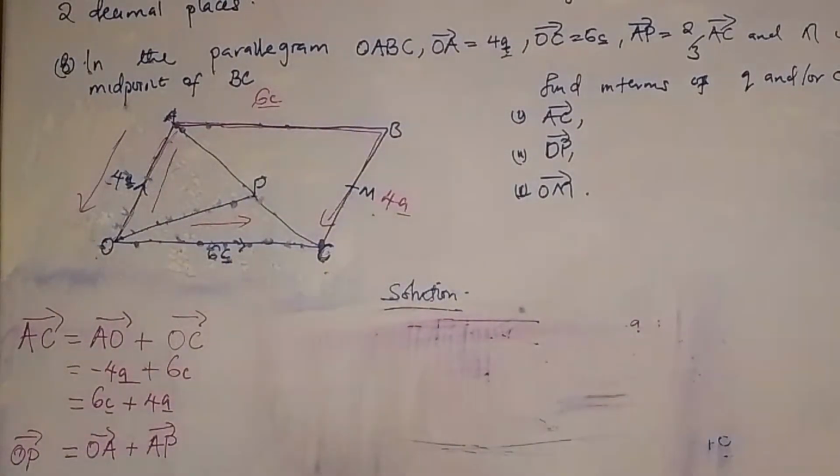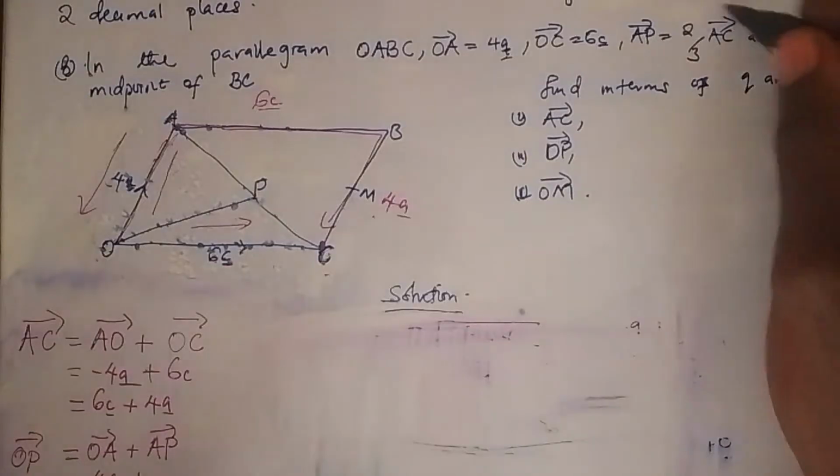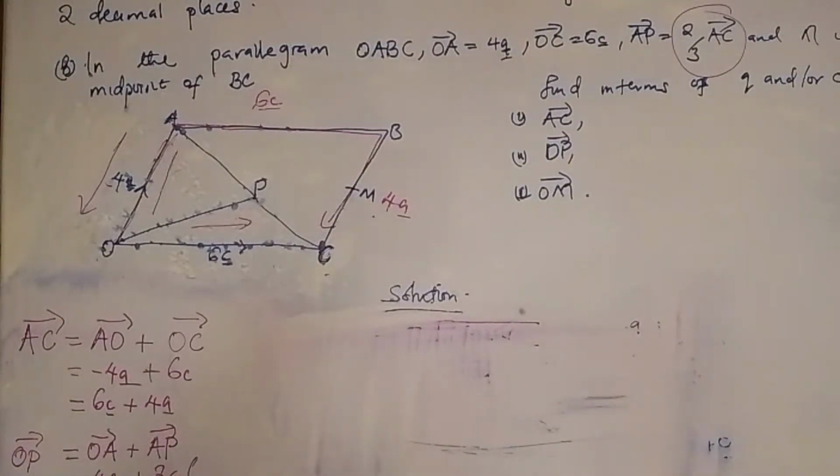So now we say, what is our vector OA? Vector OA is basically 4A. What is our vector AP? AP they gave us in our question, which is 2/3 AC. So vector AP is 2/3 AC.